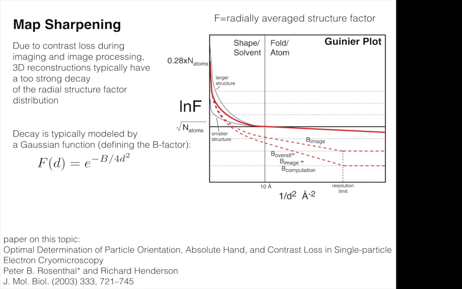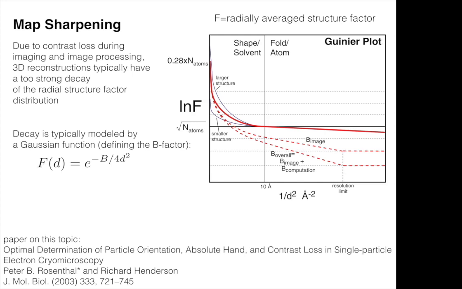One way of repairing this fast decay is by multiplying your structure factor distribution with such a Gaussian function using a negative B factor, and that process is called map sharpening.